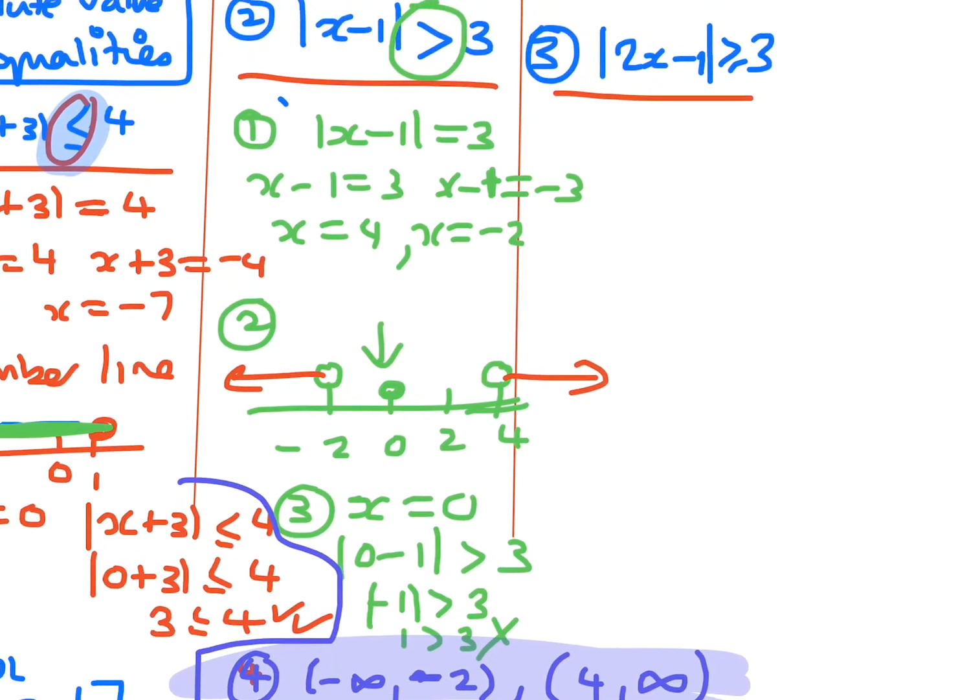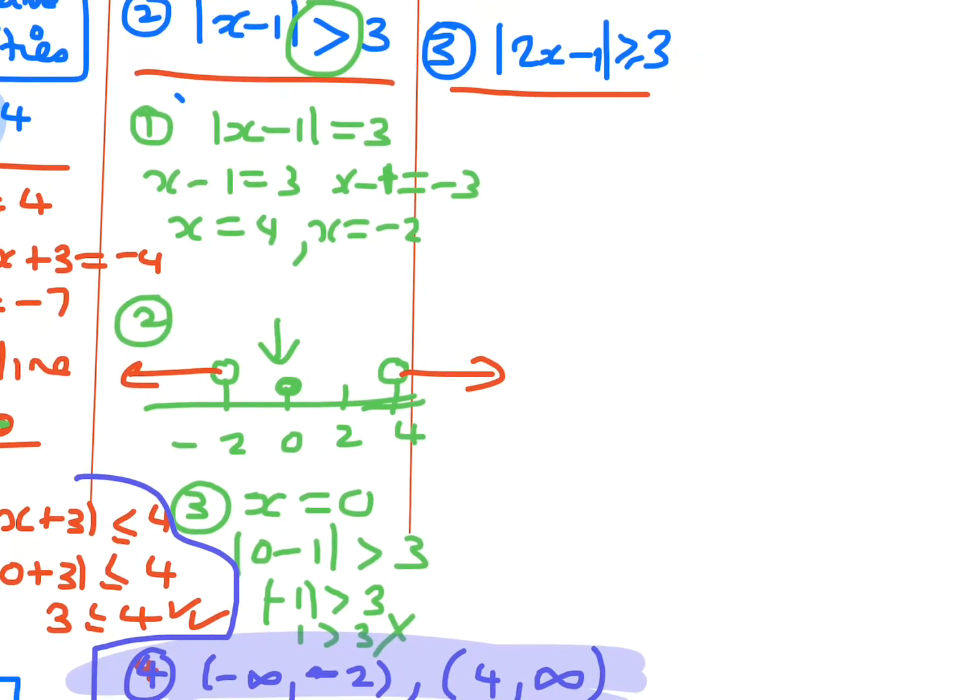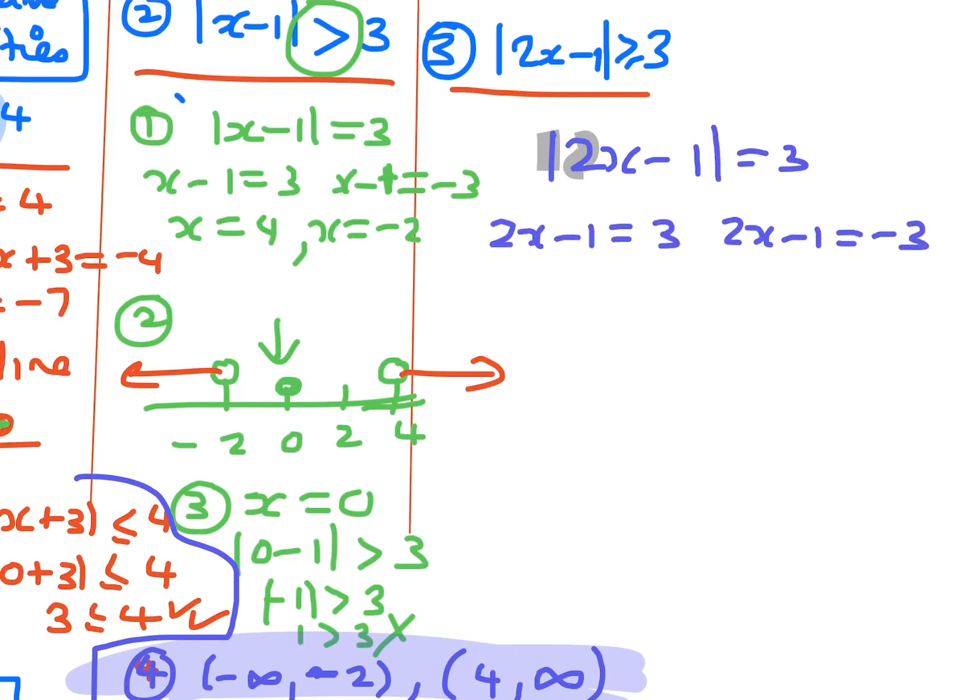Okay, so looking at the last and final one. Make 2x minus 1 equal 3. So that means 2x minus 1 equals 3, 2x equals 4, so x is 2.